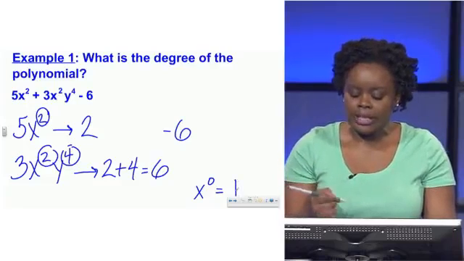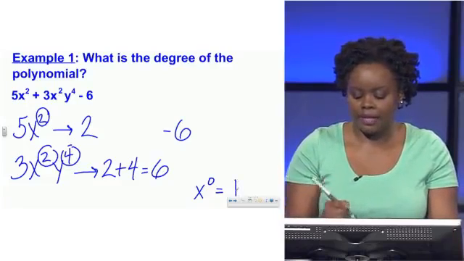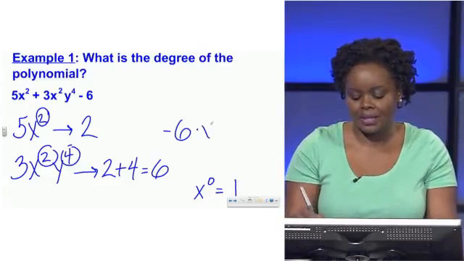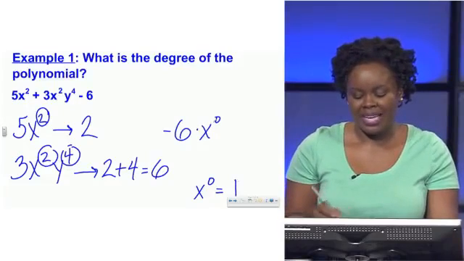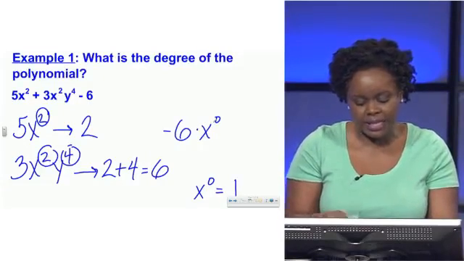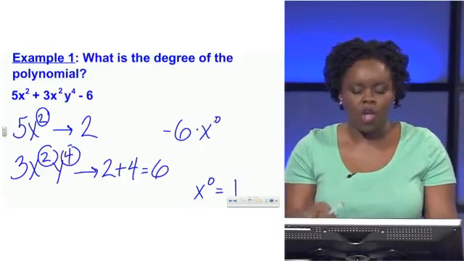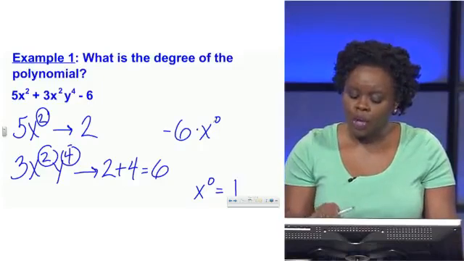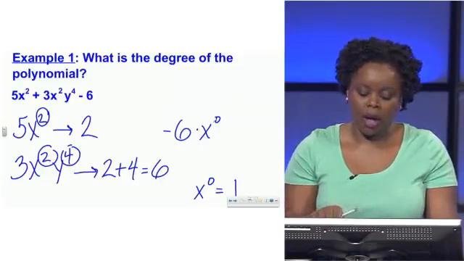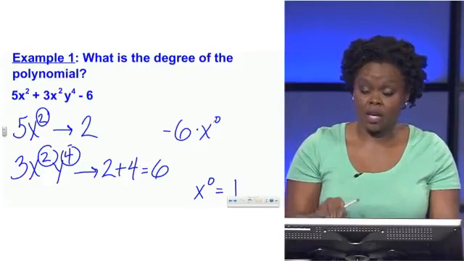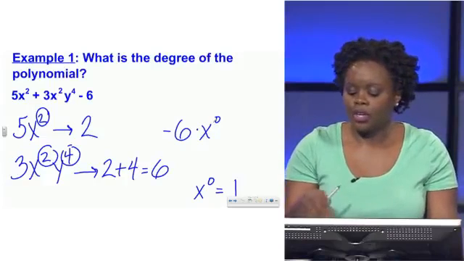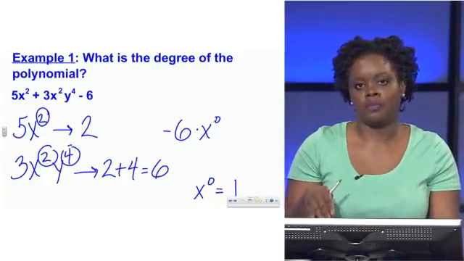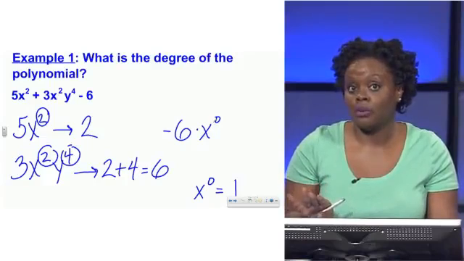So I could think about this as -6 times x to the 0 power, because essentially it's the same thing as -6 times 1. So I'm not changing the value of that constant term at all. But knowing that and looking at it this way will help you figure out the degree of that constant term, because now you've introduced an exponent to that term without actually changing its value.